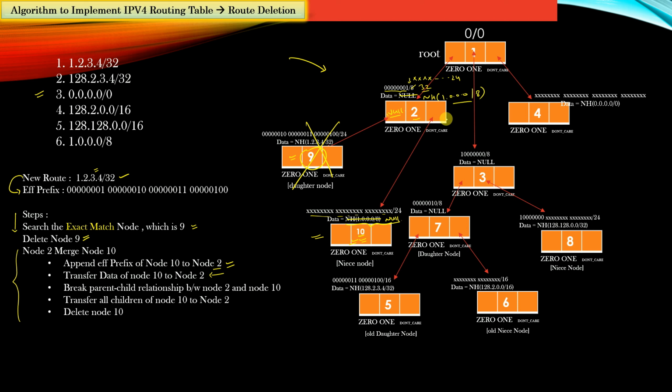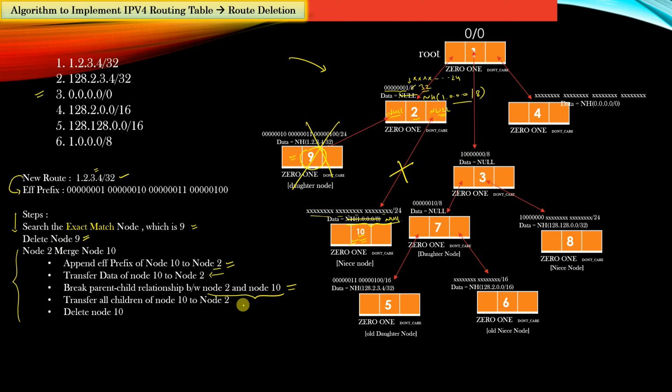That is, the next hop of the route 1.0.0.0/8 has been moved from the node 10 to the node 2. Then the next step says to break the parent-child relationship between the node 2 and the node 10. That is, this linkage is broken, so node 2's don't care child would become null.